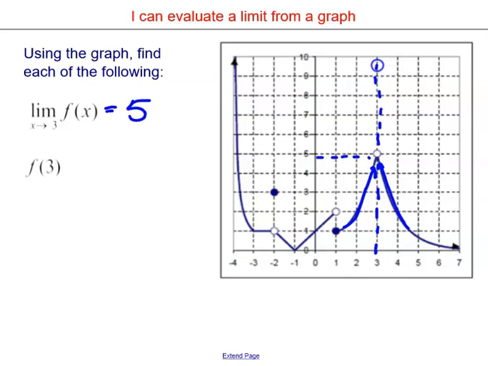However, what happens if we actually plugged in 3? It's coming from both sides, approaching the same point. So the limit still is 5. However, if you were to plug in 3, notice there's a hole there. So the actual value there does not exist.